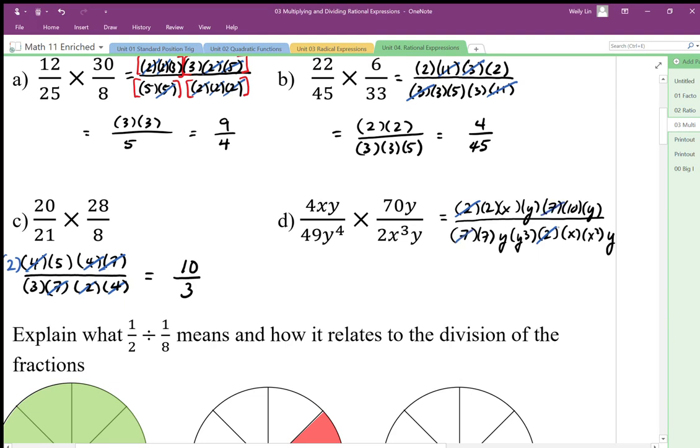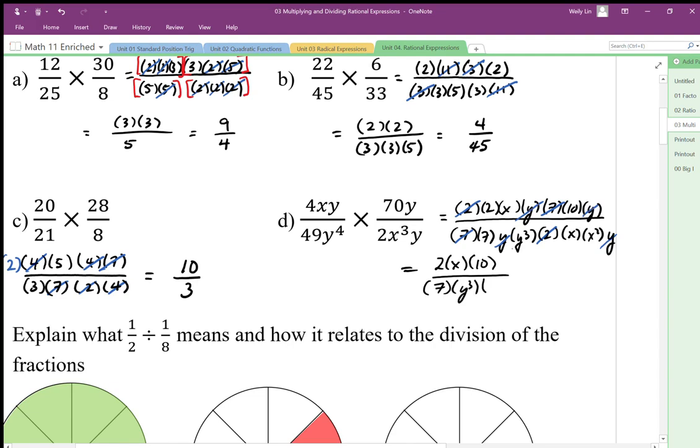Looks like I have y and a y, y and a y. Now I'm going to rewrite this just to make sure that I've got all my things accounted for, because it's starting to get a bit messy here, and see if there's anything left to cancel.